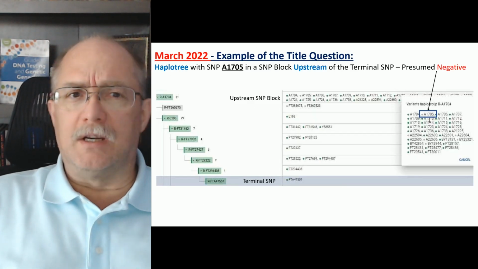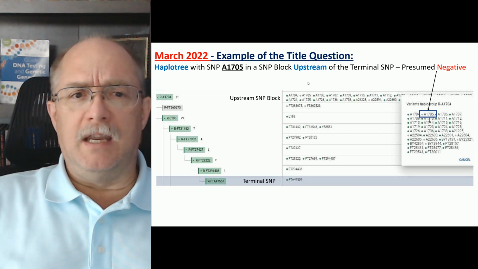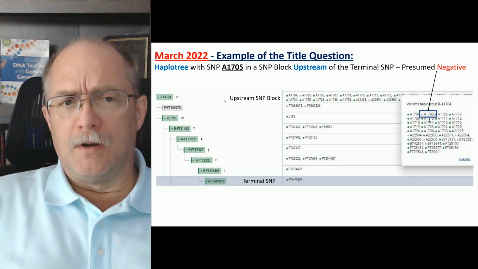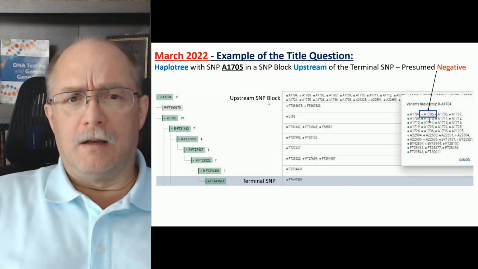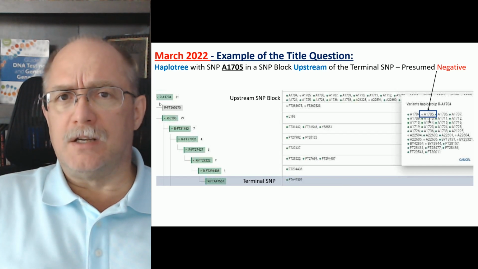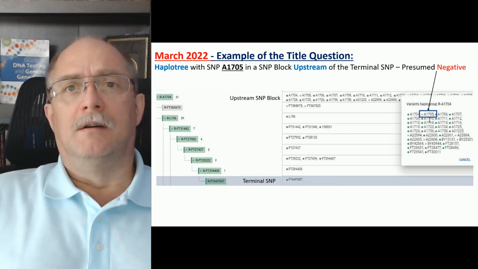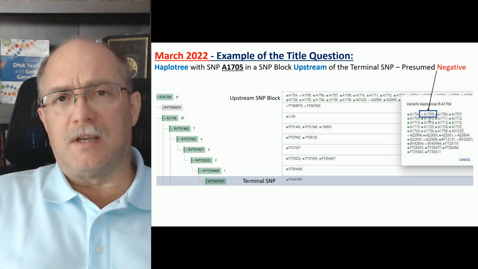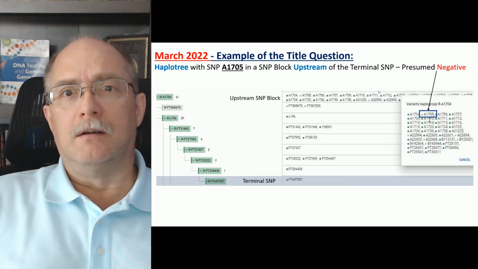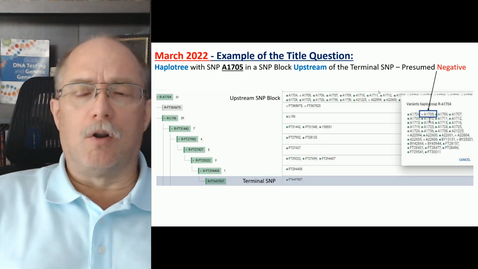Back in March, again, there was the upstream block of A1704. That was a block upstream. So you see all the green here, which represents tested positive regions, and up here in this one area it has 36 equivalents, as we would call them here.